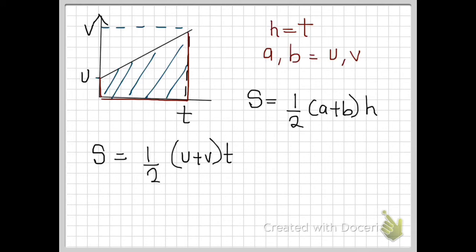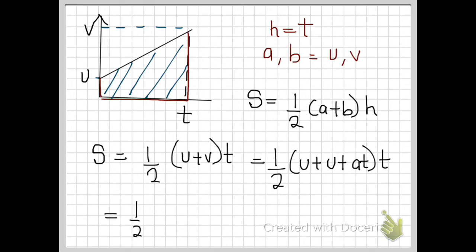So v from the previous equation was u plus at. We can substitute that in here. We get half u plus at multiplied by t. Then we get half, that'll be 2u plus at multiplied by t. We get 2ut plus at squared.